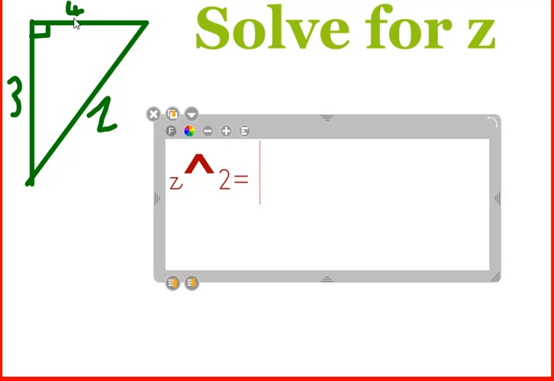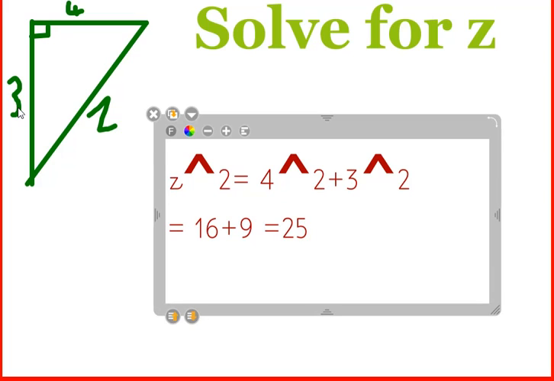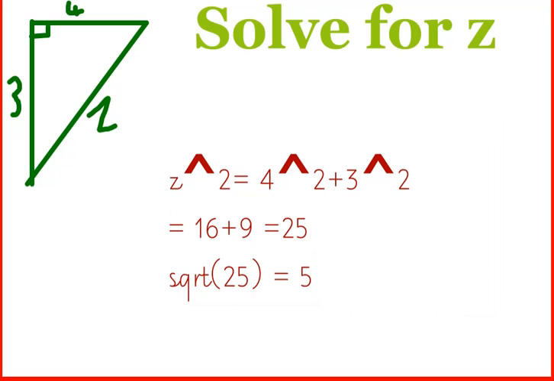So we add 4 squared plus 3 squared. 4 squared is equal to 16 plus 3 squared is equal to 9, which is all equal to 25. If we take the square root of 25, we get our z to be 5. So our z in this case is 5. Let's substitute that right now and move on to the next question.